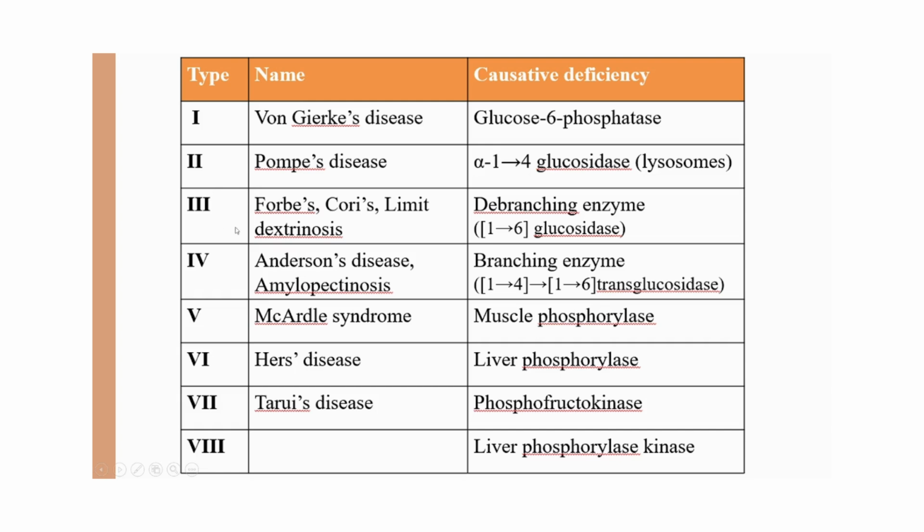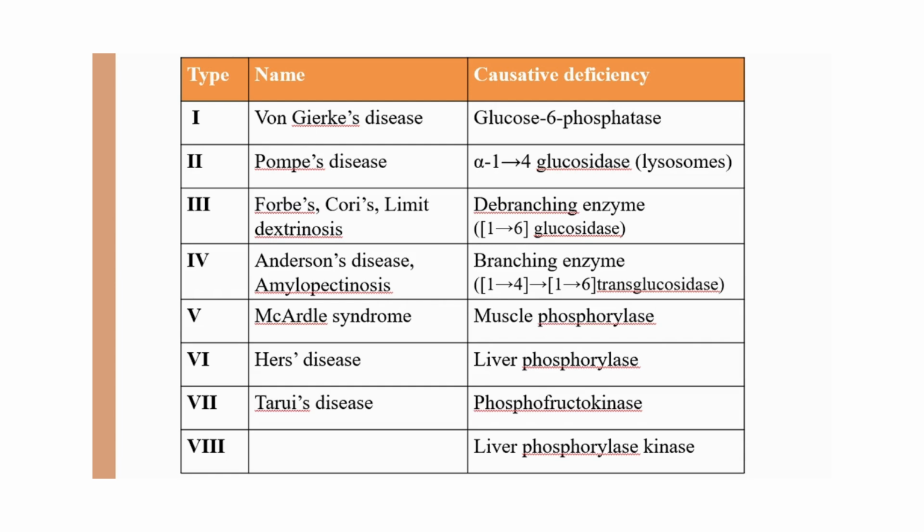Type 3 has many clinical forms, Cori disease, Forbes disease, or limit dextrinosis, due to the deficiency of the debranching enzyme alpha-1,6 glucosidase. The fourth, glycogen storage disease type 4, or Andersen disease, or amylopectinosis, is due to deficiency of the branching enzyme, alpha-1,6 transglucosidase.